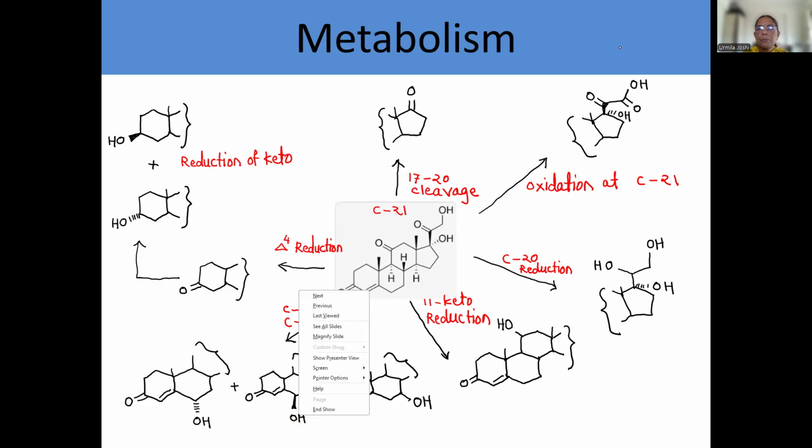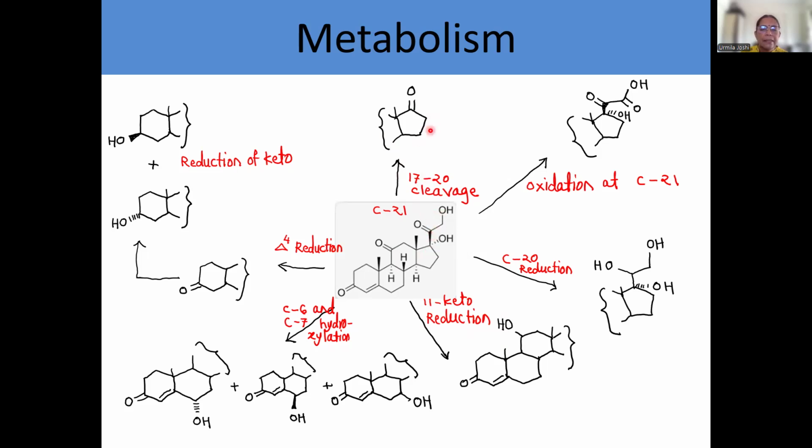If it occurs at position 7 also, you can get 7 alpha hydroxy or 7 beta hydroxy steroid. If there is a keto group at position 11, it can undergo reduction to give the corresponding hydroxy compound.